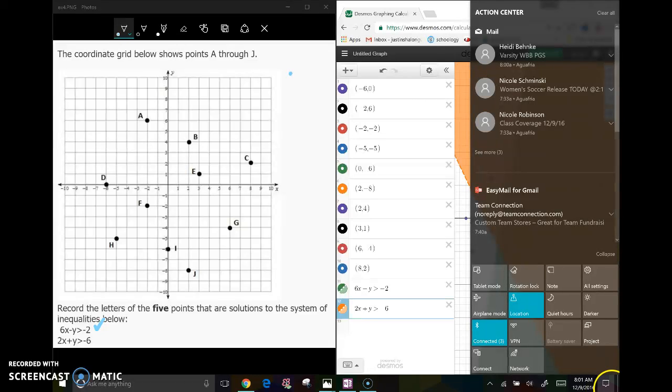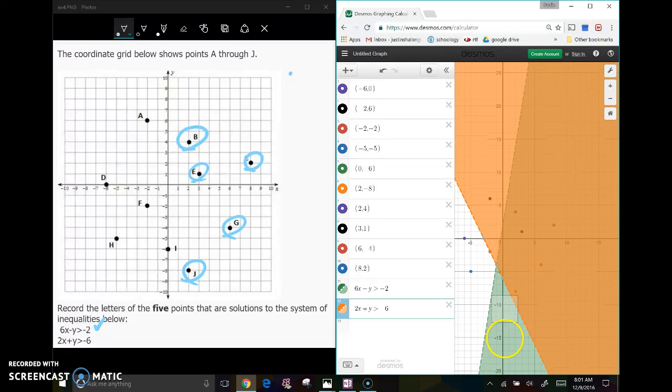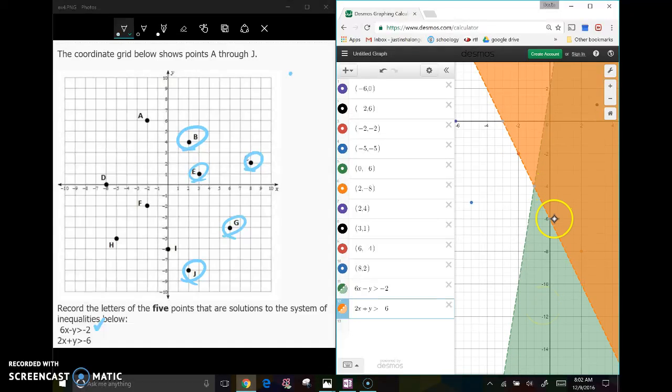So, looks like the first one is, we got B up here is in there, E's in there, C's in there, G's in there, and J is in there. And then I looks like it's pretty close to being in there, but it's on the line for the orange line, and the line is dashed, so I is not included.